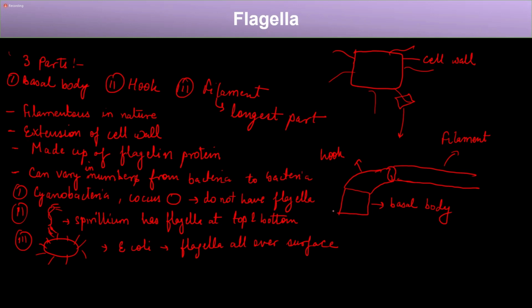Now one more thing: the basal body consists of 4 rings, and these rings have certain names.